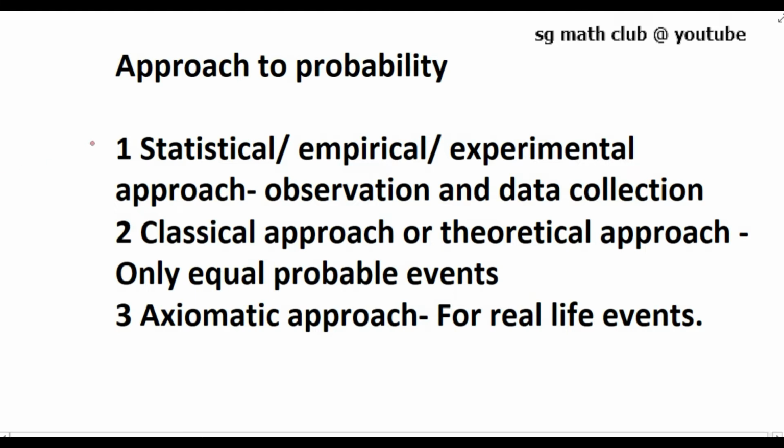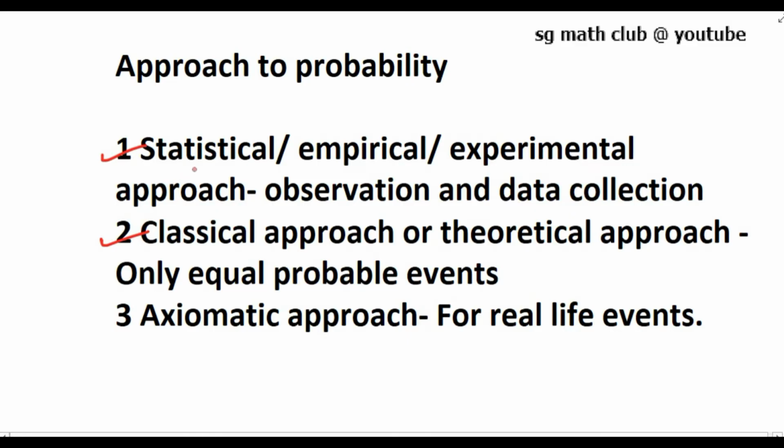First is the statistical or empirical or experimental approach, which is mainly based on observation and data collection. The second is the classical or theoretical approach, which is based on equally probable events. And the third is the axiomatic approach, for real life events, which is mainly based on set theory.